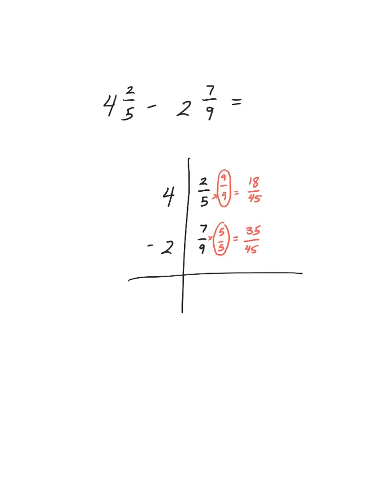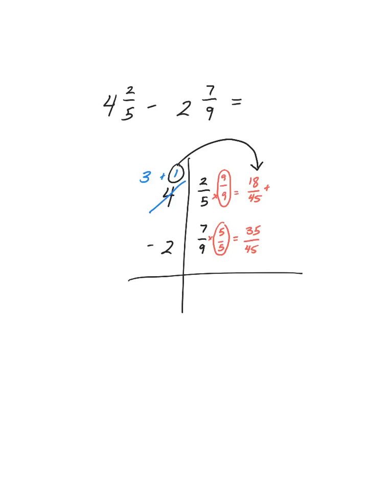Now I'm ready to subtract my fractions, but I can't do 18 minus 35 without getting a negative answer. I'm going to do some regrouping. I'm thinking of the 4 as 3 plus 1 whole, and I'm moving this 1 whole into the fraction column. There is already a fraction there, so I'm going to have to add that 1 whole.